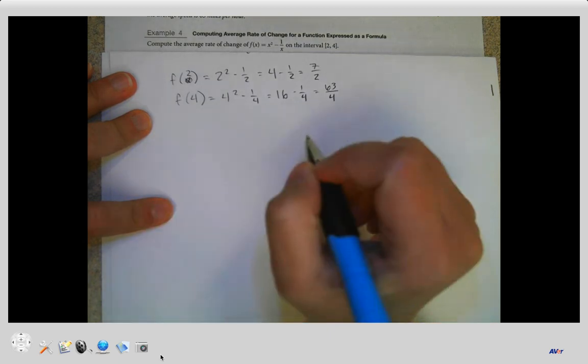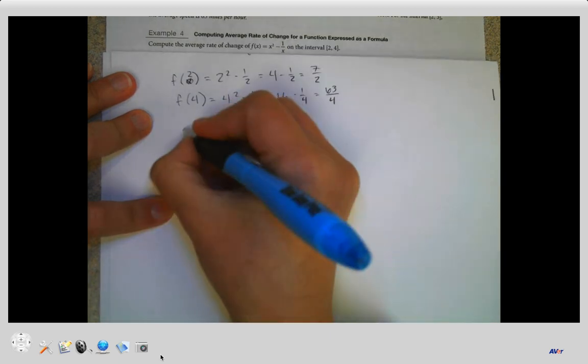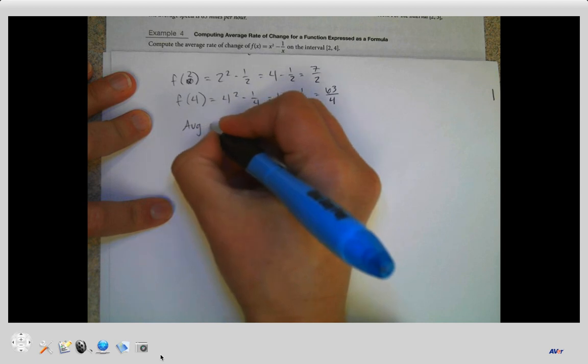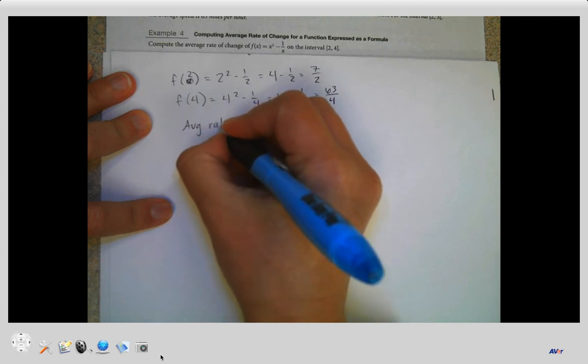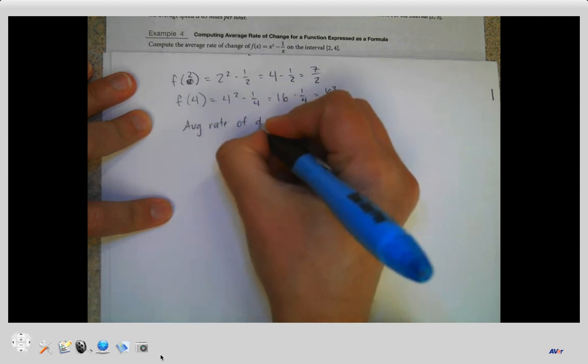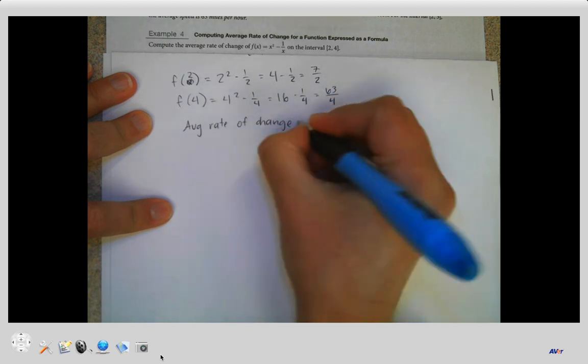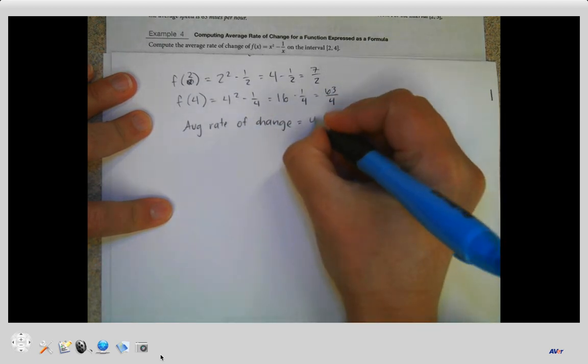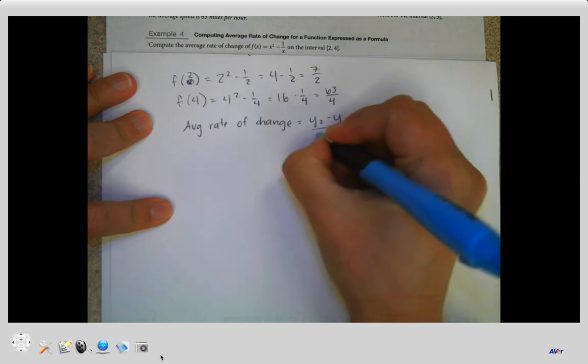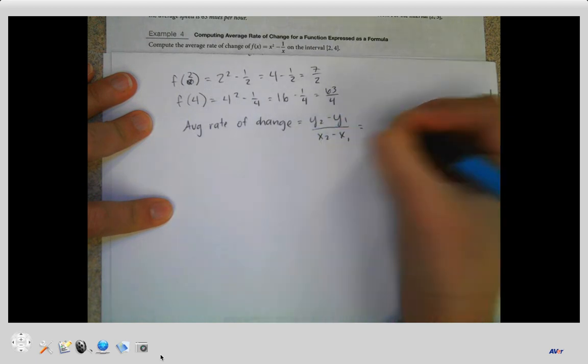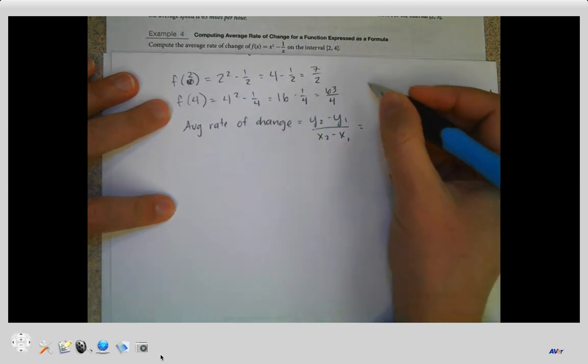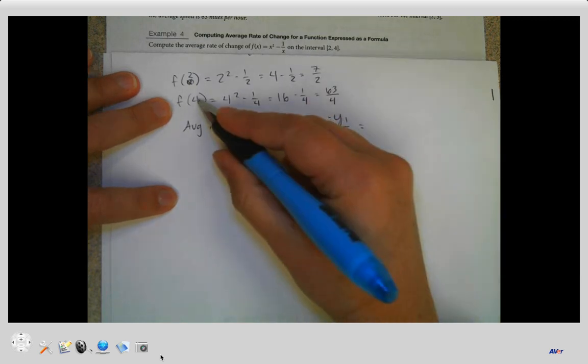Okay, so now we need to find our average rate of change. Let's write it like y2 minus y1 over x2 minus x1. Our 2 value corresponds to 4.